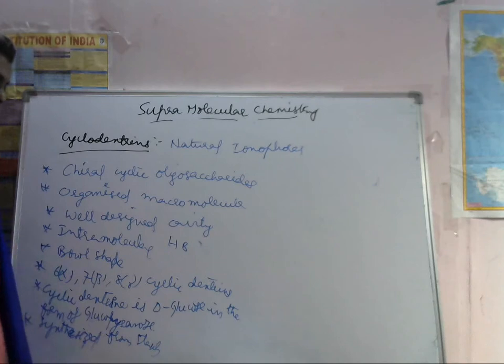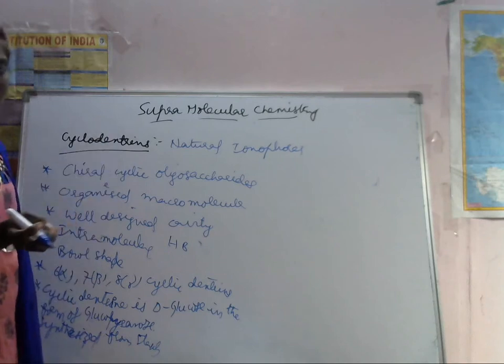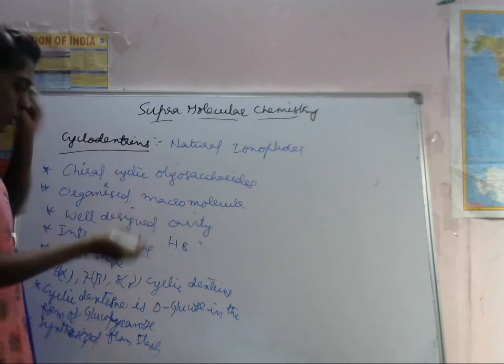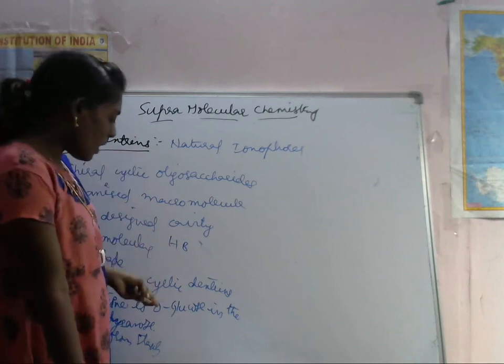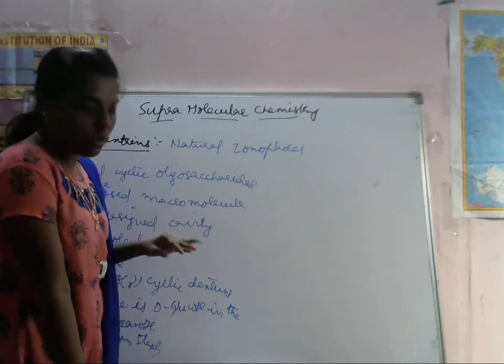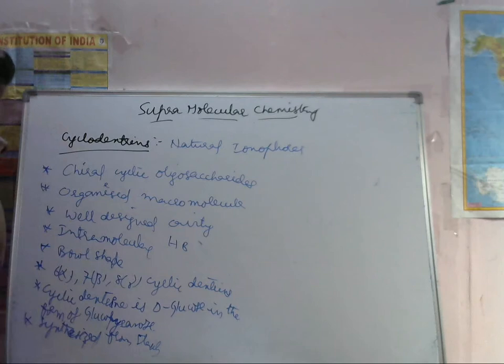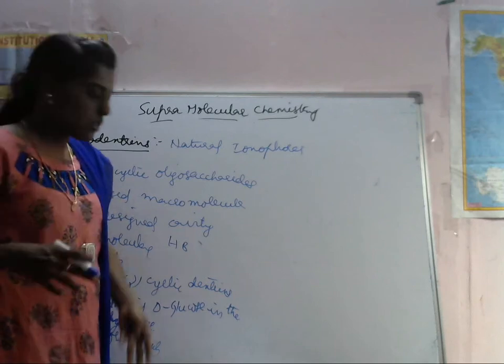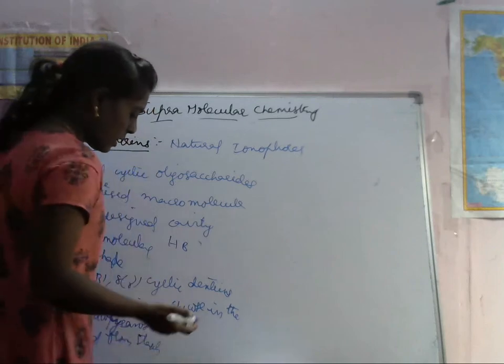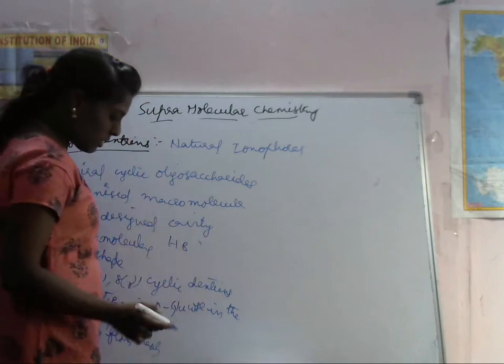These have a less toxic nature and are available cheaply. One glucopyranose is linked to another glucopyranose by a glycosidic link. Let's see how it will be present.